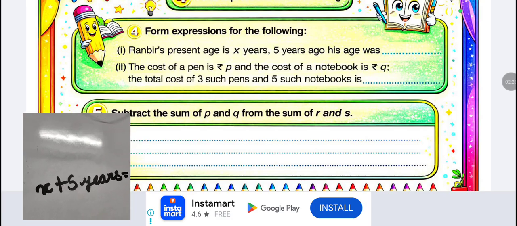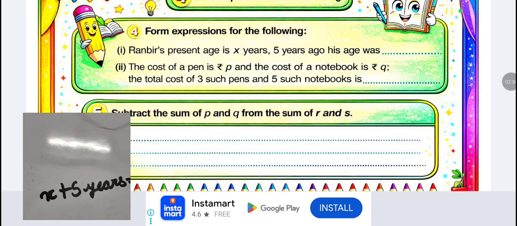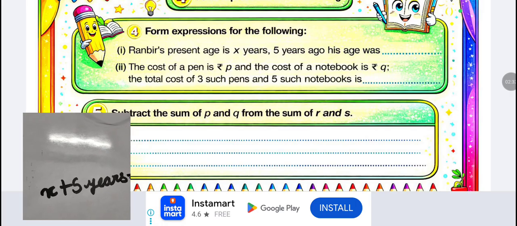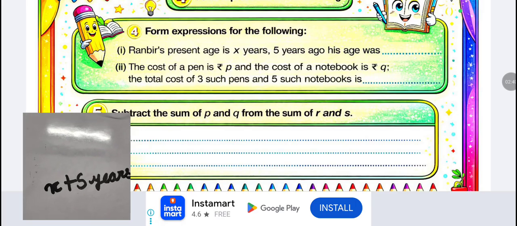The statement says that at present the age of Ranveer is X years, and after 5 years, meaning in 2025, what is Ranveer's age? So we will add, because we do not know the value of X.